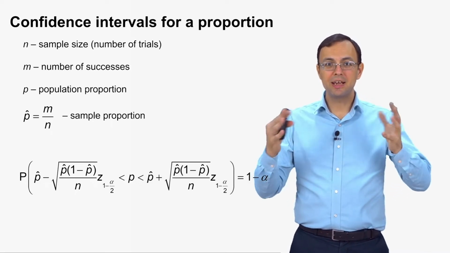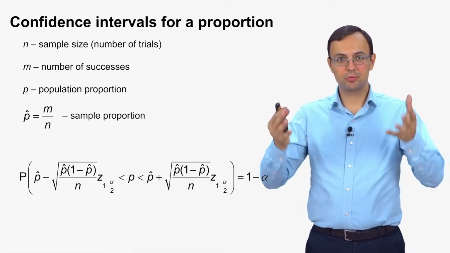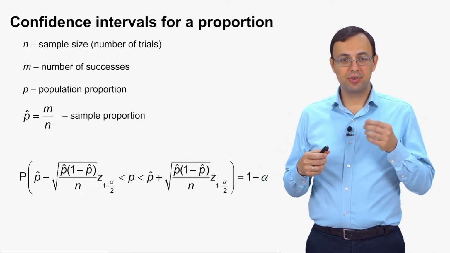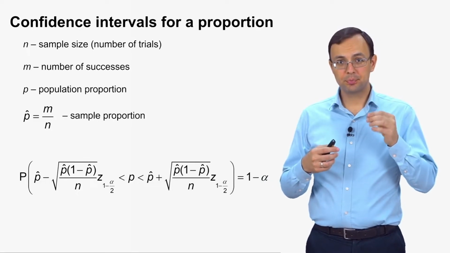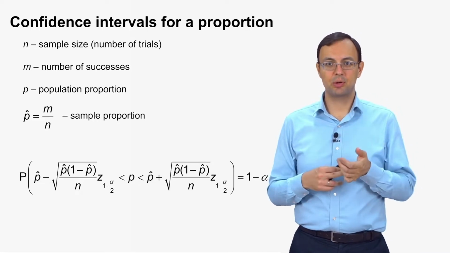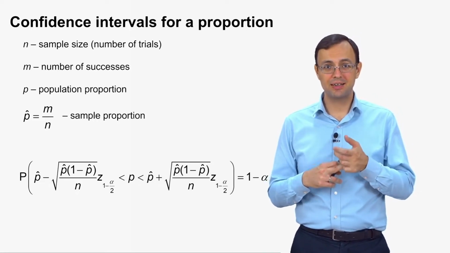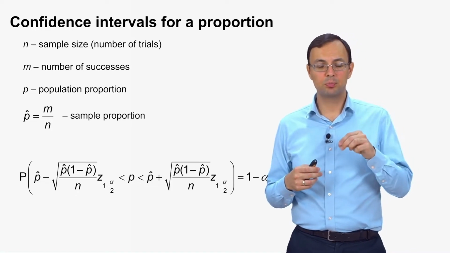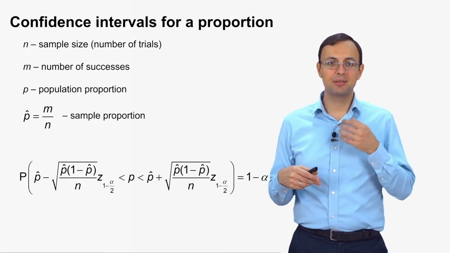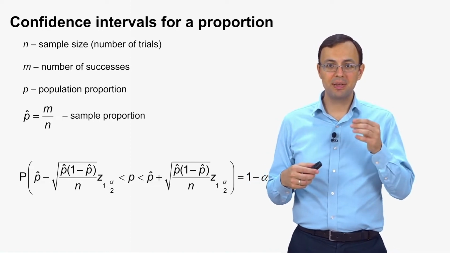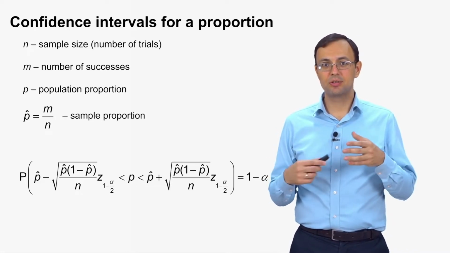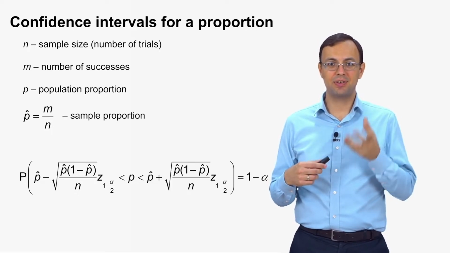There is a population, all voters or all items produced by the factory, and there is a proportion of voters who support our party or of defective items, and we want to estimate this unknown proportion. Or from the other point of view, we can say that what we are estimating is a probability: a probability that a random person will support this party, or a probability that a random item is defective.